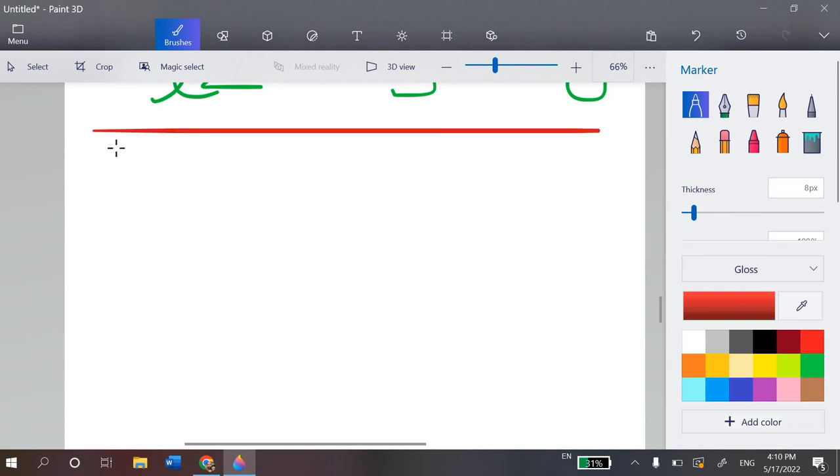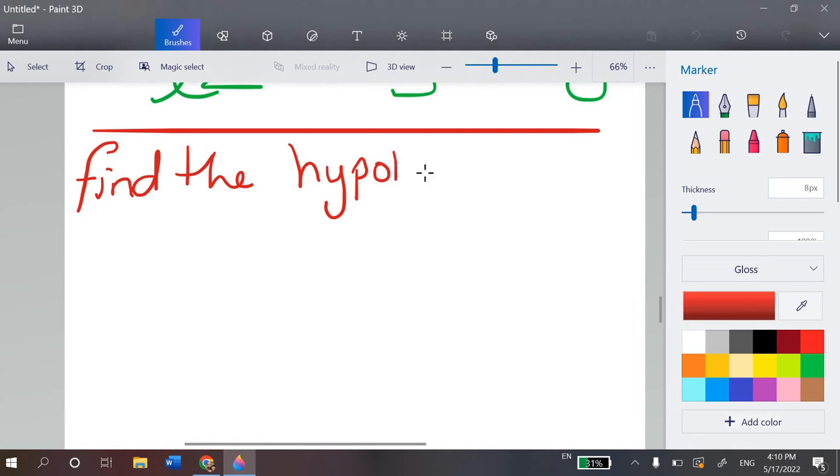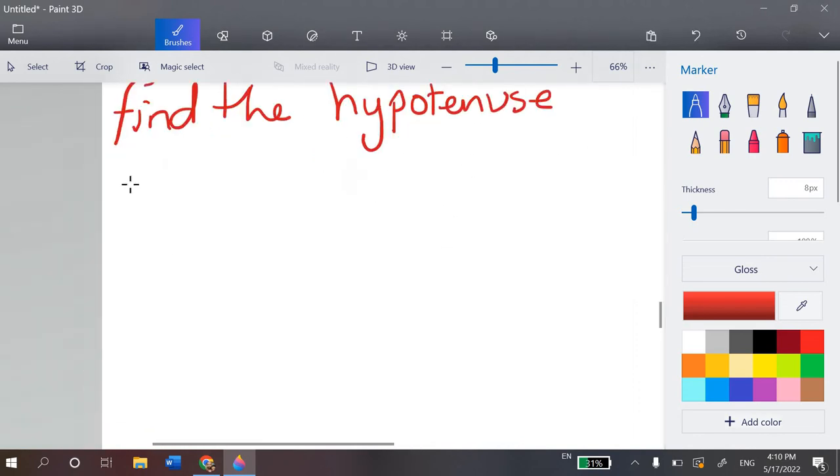First few questions, I want you to find the hypotenuse. Write down which side is the hypotenuse.